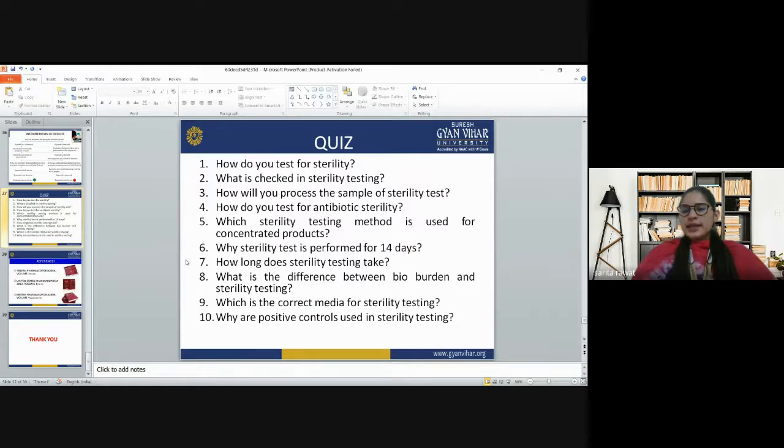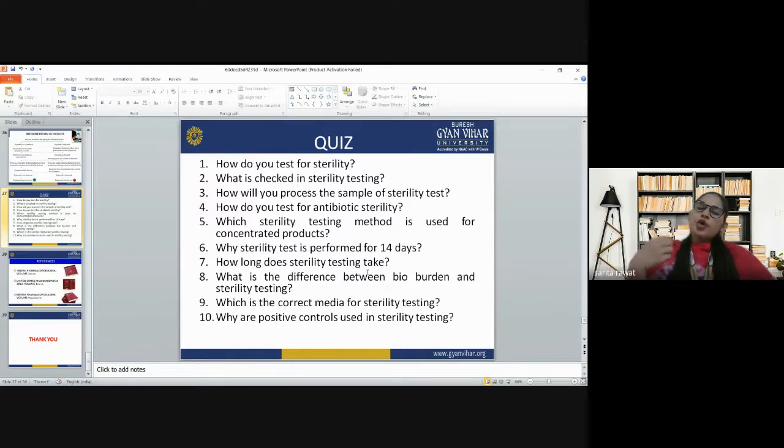Why is the sterility test done for 14 days? How long does a sterility test take? What is the difference between bioburden and sterility testing? Which is the correct media for sterility testing? And why is the positive control used in sterility testing?